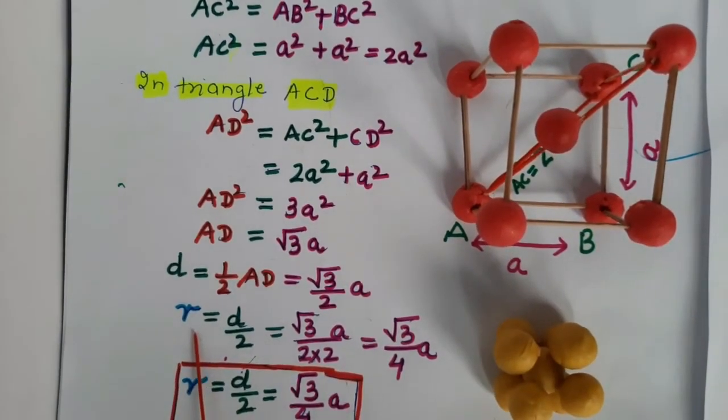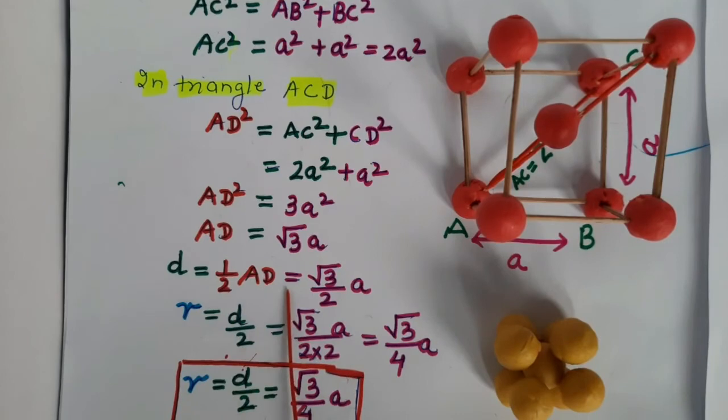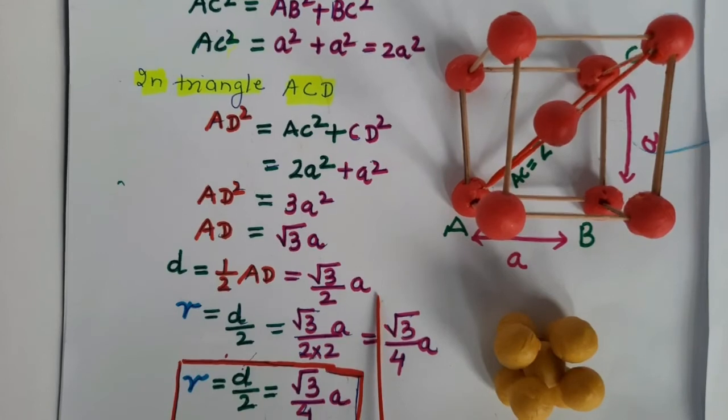Now, the distance between the nearest neighbor is equal to half of AD, and substituting the value of AD from here, we get d will be equal to root 3 by 2 a.